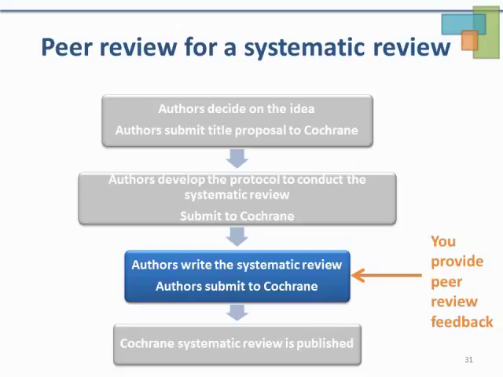So, as with protocols, the authors write and submit the draft systematic review to the Cochrane Review Group. The review group then will contact peer reviewers to provide comments. The usual amount of time provided by the review group to you as a peer reviewer is likely to be a couple of weeks or more, but the time frame is up to the group.